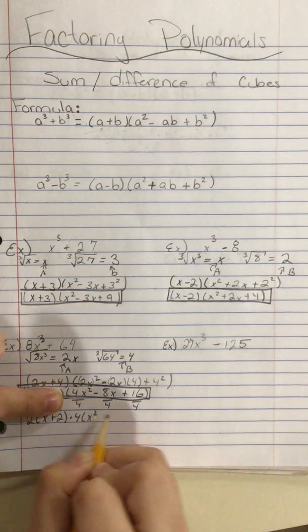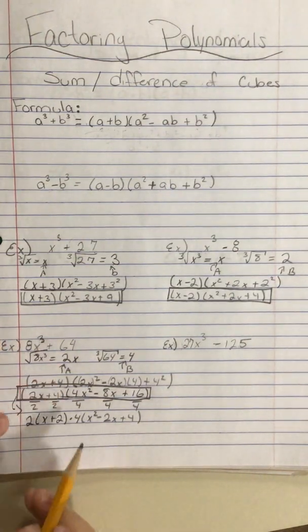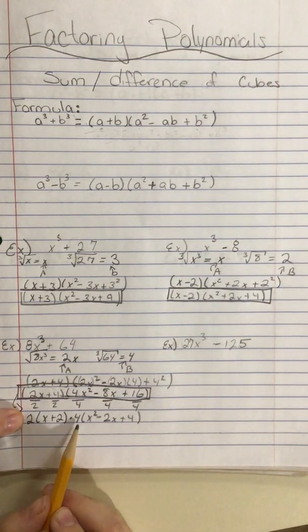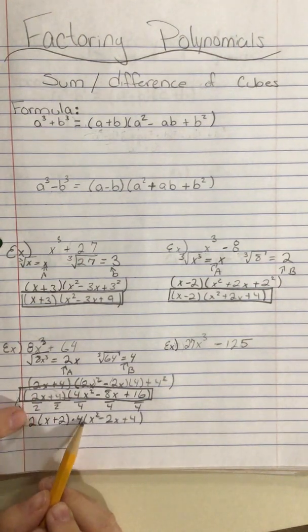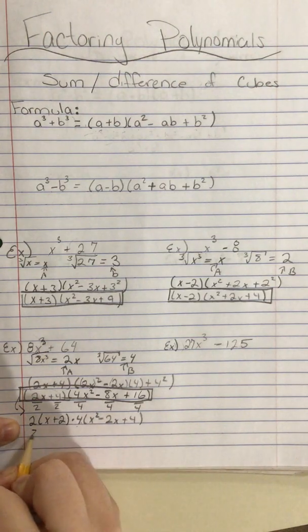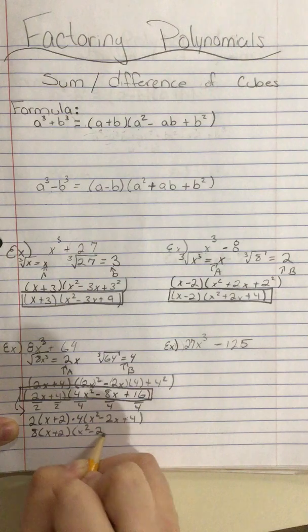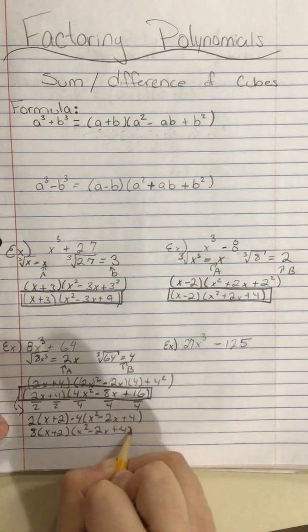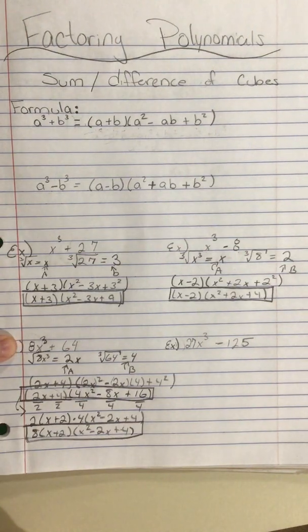That would give us x squared minus 2x plus 4. Now, since we have two coefficients brought out, we multiply these together. So 2 times 4 is 8. And this would be the complete factorization of this.